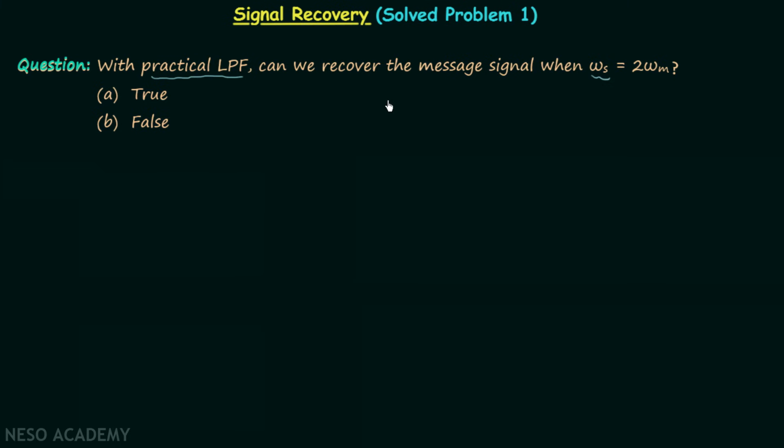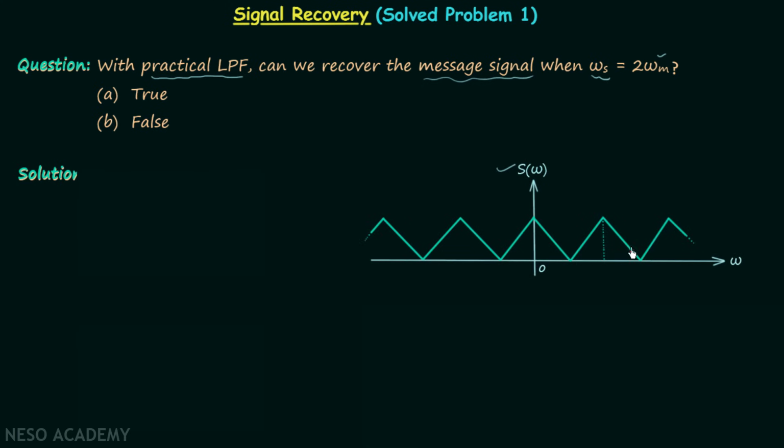And then we need to focus on this condition, omega s is equal to twice omega m. This means the sampling frequency is equal to 2 times the maximum frequency component of the message signal. And we know under this condition, the waveform of S(omega) will look like this.